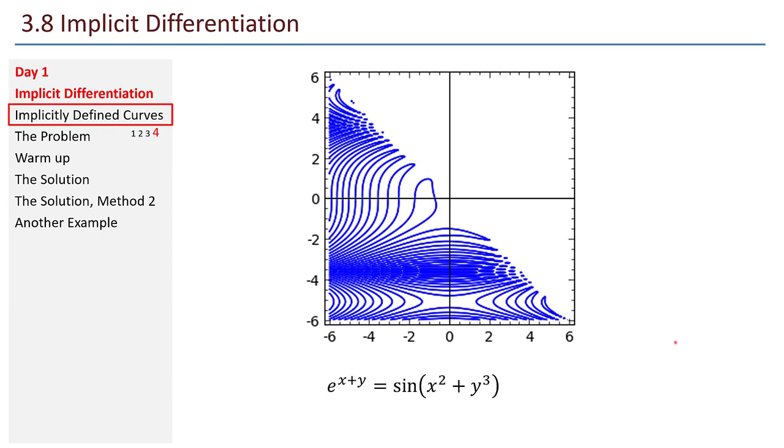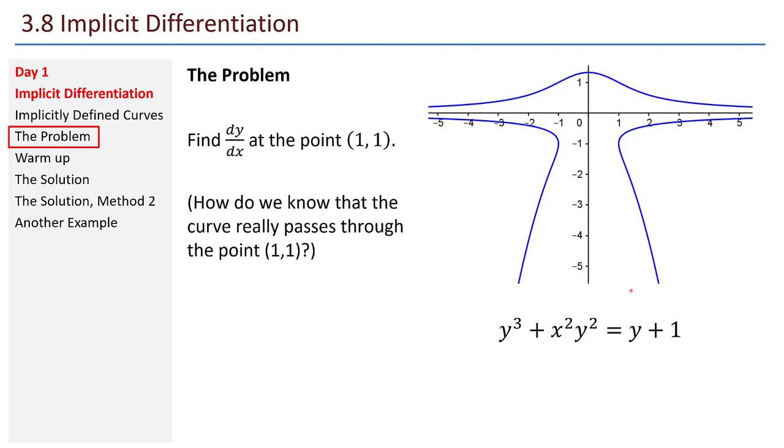Alright, so with these curves, we might still want to do some calculus. We might still want to know something about slopes. For example, take a look at the curve here. This is given by the equation y cubed plus x squared y squared equals y plus 1. So all the points in the plane that satisfy that equation, that's what they look like.